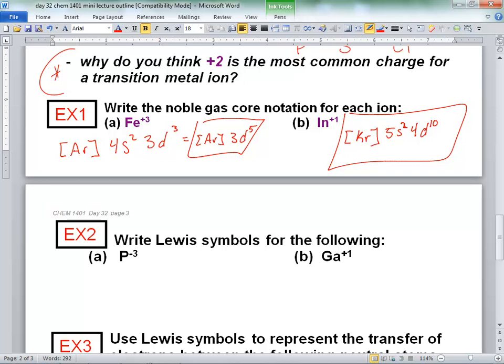They like dots instead of circles. Phosphide and gallium-1.